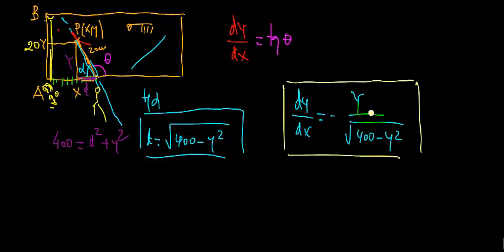To solve this equation, I'm going to put this value over here in the first member of this equality, so I must multiply by the inverse of this number.